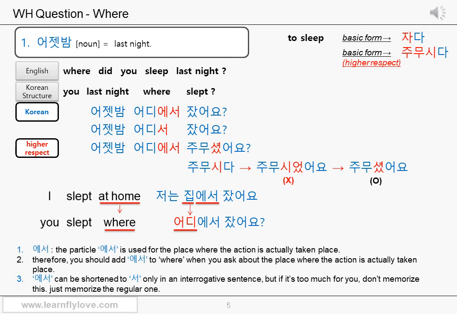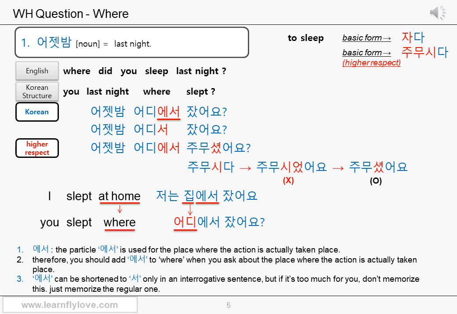어디에서. You should put the particle 에서 this time because we are asking about the place where the action took place. And you cannot omit this particle. It's something different from other particles, such as 에, the other location particle. Then why can't you get rid of the particle 에서 while you can get rid of the other location particle 에? Just remember it this way.